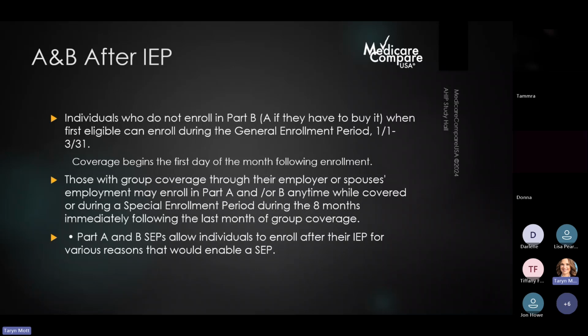Part A and B SEPs allow individuals to enroll after their initial enrollment period for various reasons. They listed a ton out, and for those of us who've been in this business, we know them. But if you haven't been, it's going to be change of life type situations, moving to a new county or zip code. It could be release from incarceration, chronic special needs plans.